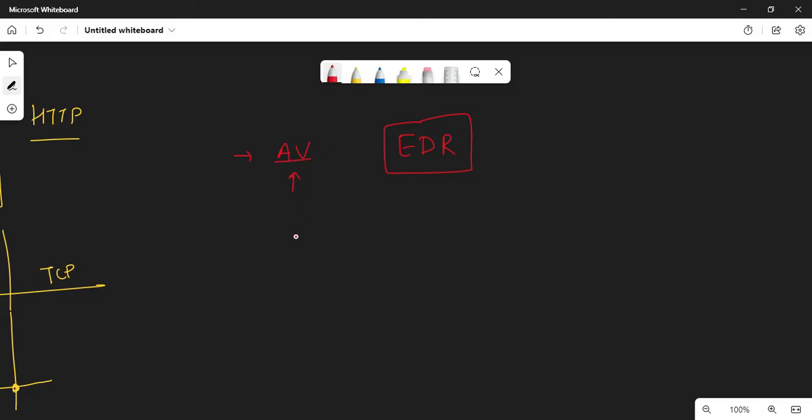It tracks the signatures of the malware. So if your malware code has predefined signatures, then antivirus will be able to detect it. Otherwise, it will go undetected, right?